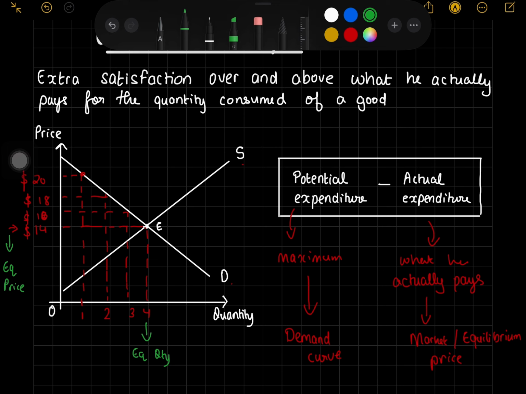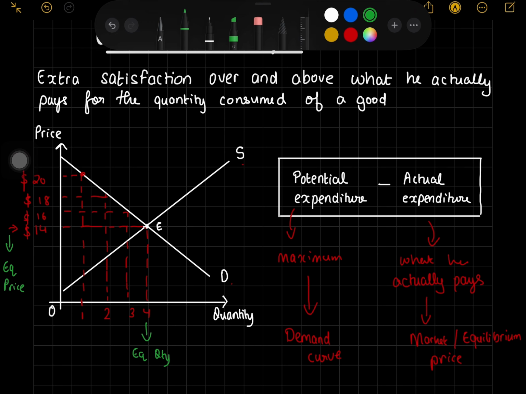For all units, he is going to pay $14, when in fact we're looking at individual units. He could have paid $20. He was willing to pay $18. He was willing to pay $16. But what he actually pays? He pays $14 for these 4 units.